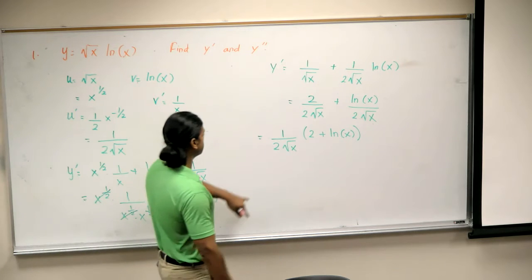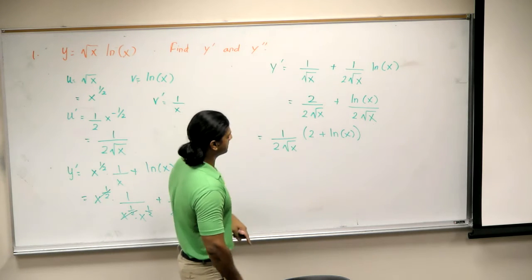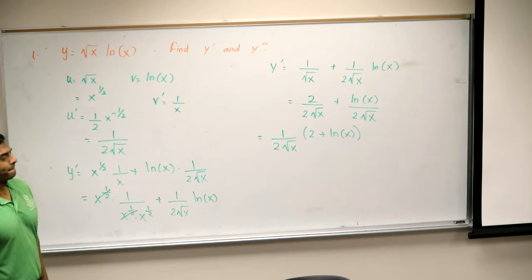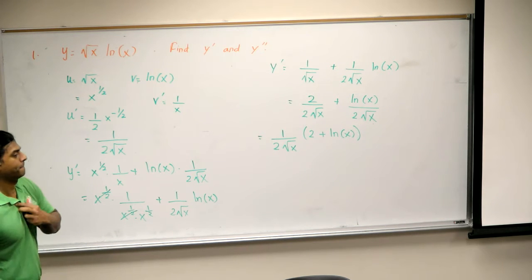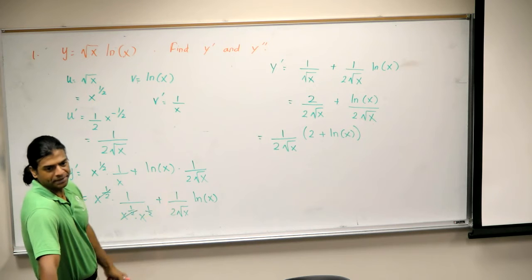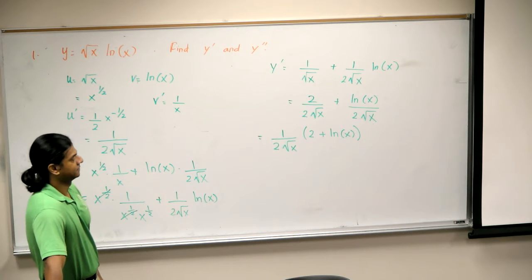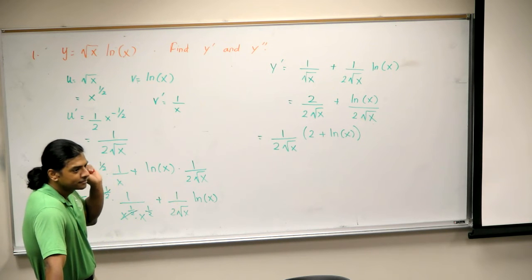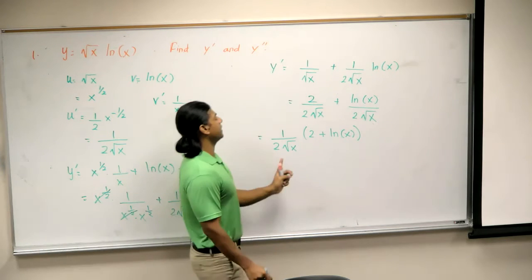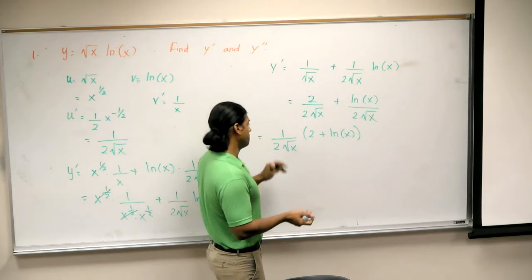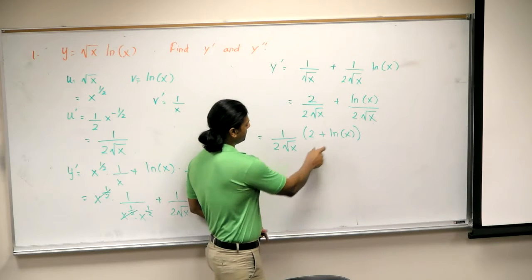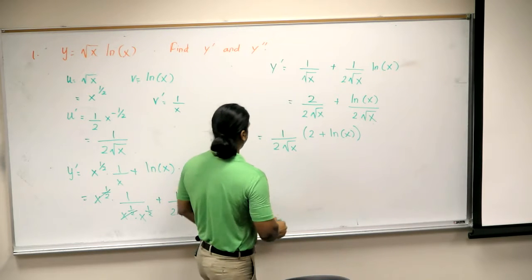We want to find the derivative of that expression. How do we find the derivative? There are 2 ways to do it. We can either use product rule or quotient rule, correct? That would be u, that would be v.